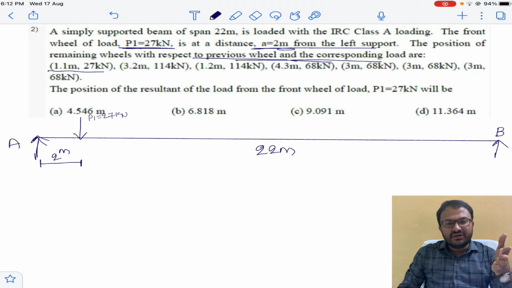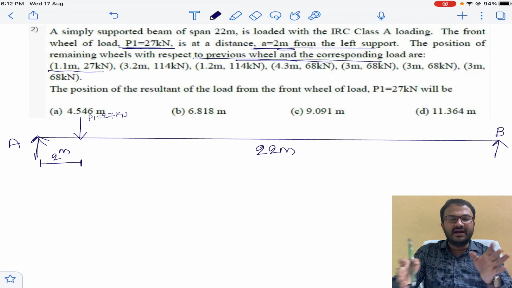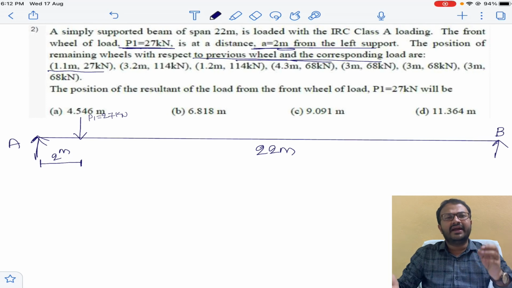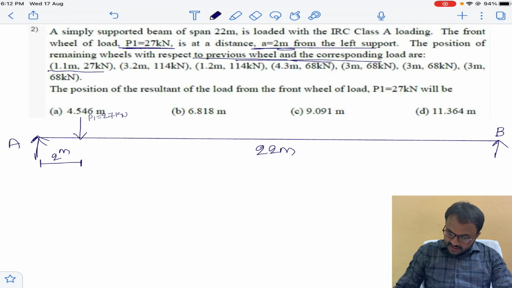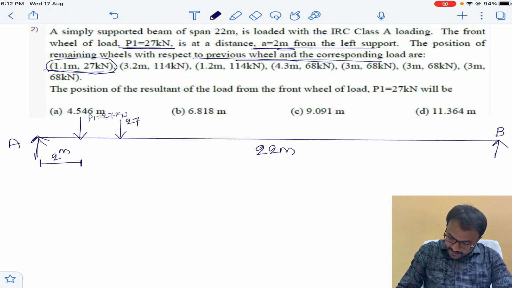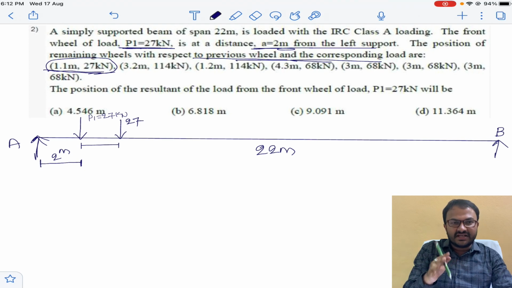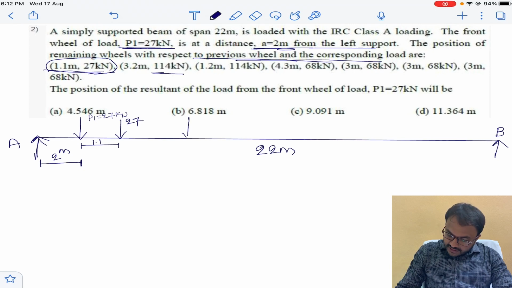Now with respect to this P1 equal to 27 kilonewton, the second load has been placed, and the third load has been placed with respect to the second load, and so on. So according to the data he has given, I will arrange all the loads. Now this 1.1 meter and 27 kilonewton load. There is one more 27 kilonewton load. The distance from the last load to the present load is 1.1, and 114 kilonewton.